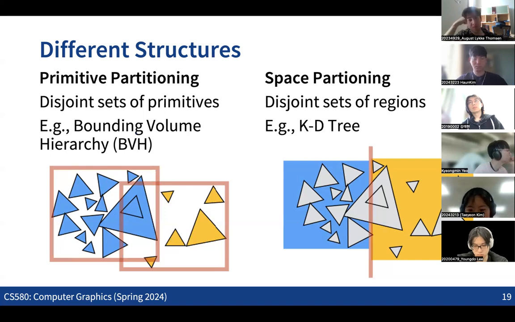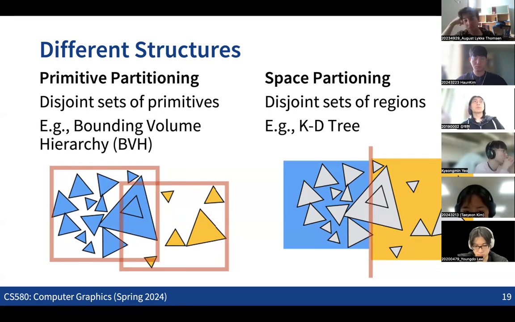Since the bounding boxes are not partitioning the space, we should not just ignore the bounding boxes at the same level, but we need to do the intersection checks with all the bounding boxes at the same level. While this is not true for space partitioning, since we are partitioning the space, if we find an intersection with one of the children nodes, then we can immediately ignore the other child node. So that's the difference between these two.